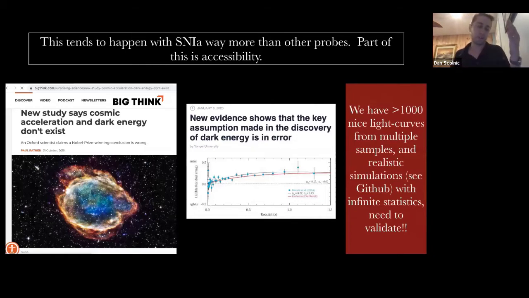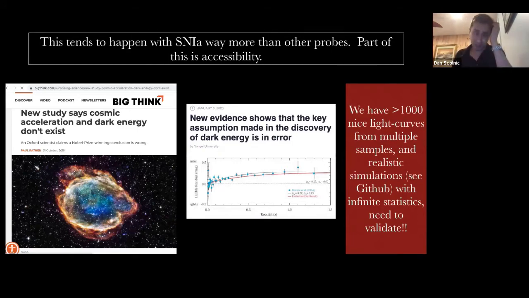For type Ia supernovae, we release redshifts and distance modulus uncertainties and a covariance matrix, and from that you could do anything that you want. Whereas if it's something like BAO, or Planck CMB measurements, to get into it, it's just much harder.